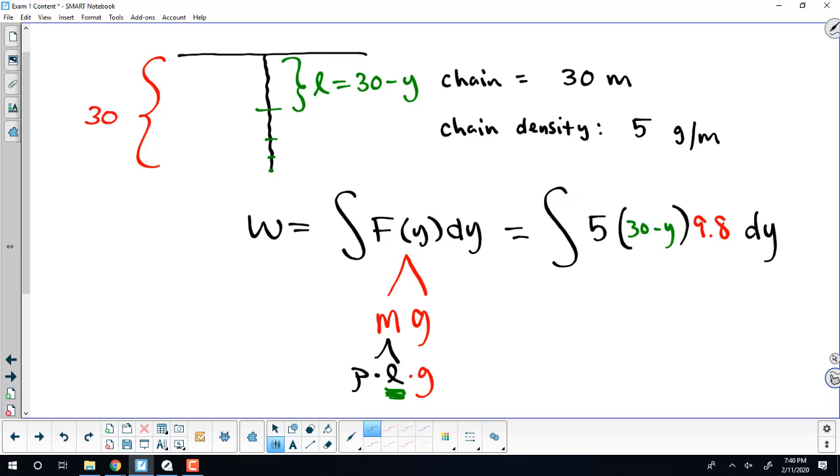And then our bounds would go from where to where? 0 to 30. Yes, 0 to 30. Right, because all of our cross sections start here, at 0, and go to 30, or from negative 30 to 0, however you situate that in the plane.